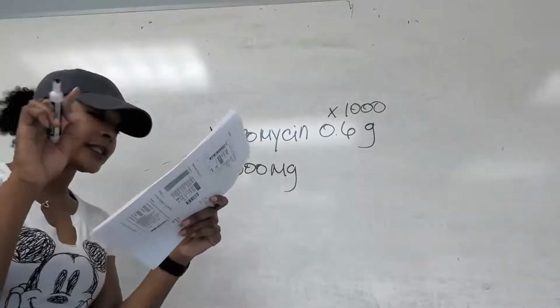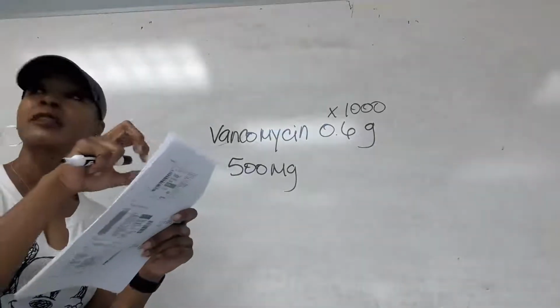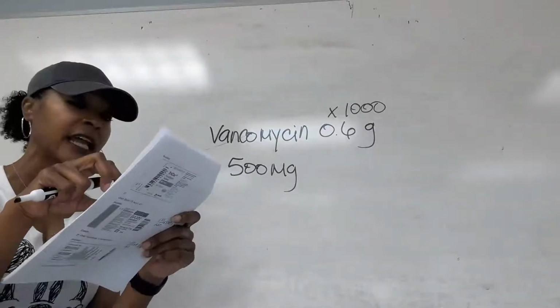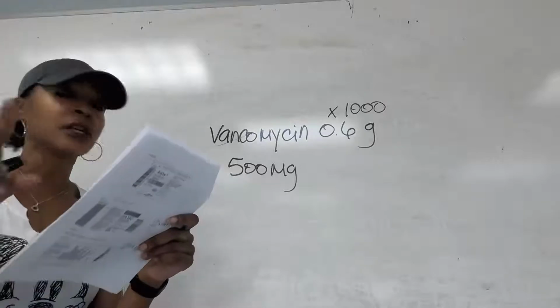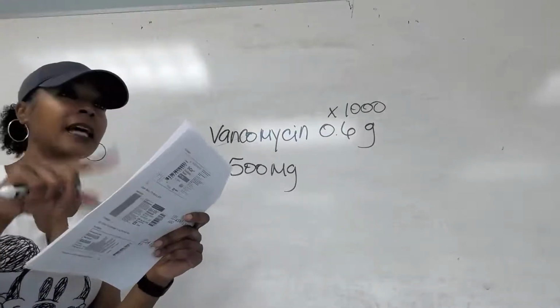You see where it says after reconstitution. After it's all been mixed up, the dosage is now 50 milligrams per milliliter. So now you would take your 600 divided by 50 times milliliter.